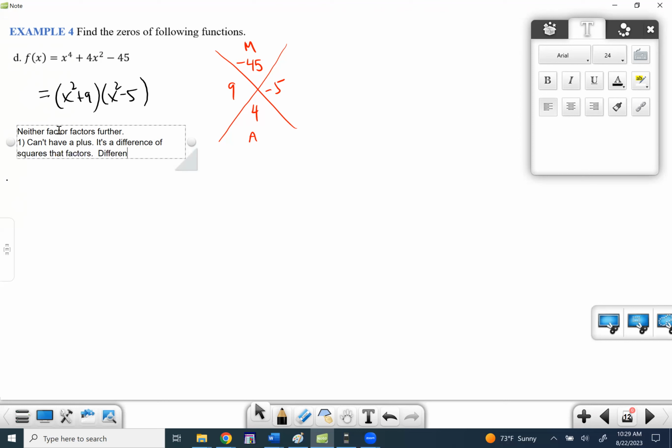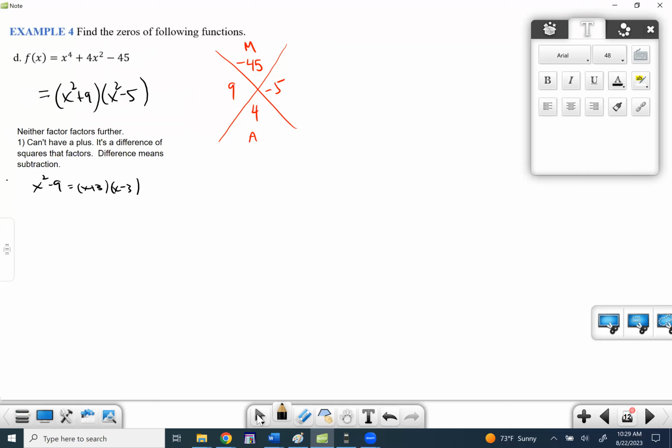Difference means minus, means subtraction. So if this were x squared minus 9, it would totally factor, right? If it were a minus, then it would be x plus 3, x minus 3. Okay, but x squared plus 9 does not factor, okay?